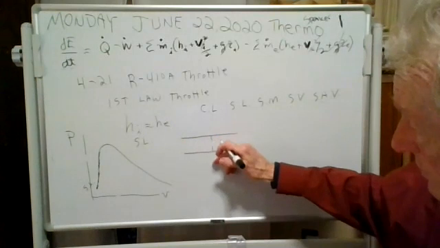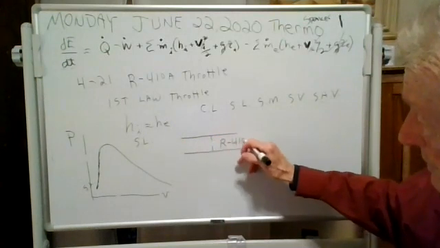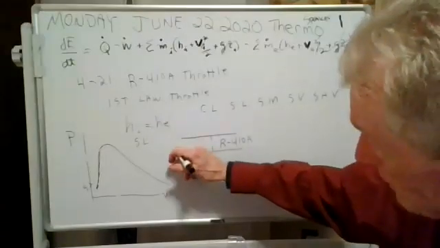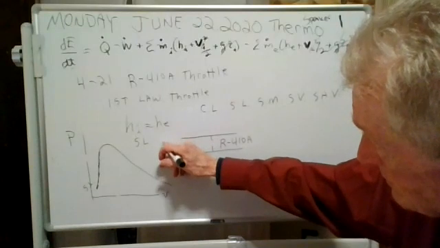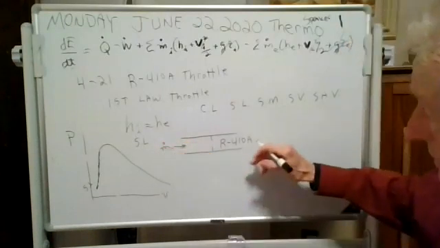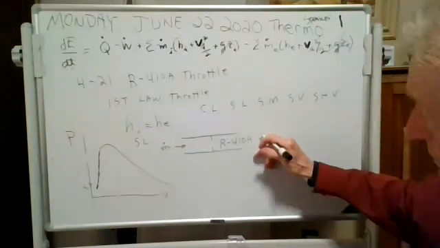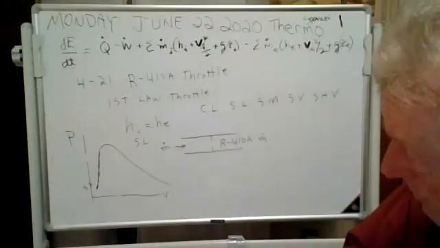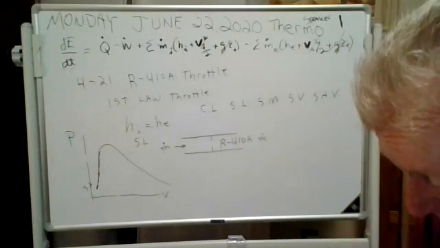There's my device sketch. And we have M dot coming in. We don't really need the little I and the little E. They're the same. They got to be the same. You can't have more coming in than going out. The thing would explode.